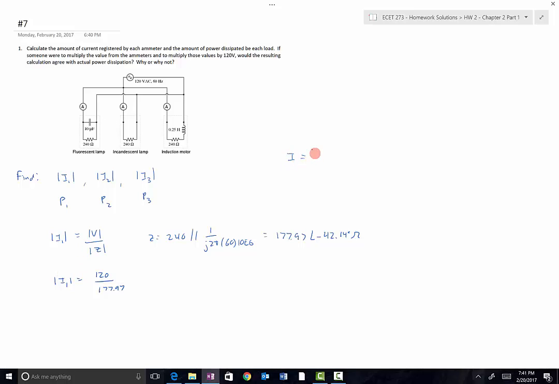Remember, I is equal to V over Z, which is just equal to the magnitude of V over the magnitude of Z at phi sub V minus phi sub Z, the difference between the phase angles. So the magnitude of the current is just the magnitude of the voltage divided by the magnitude of the impedance. So I'm using that fact here, and that gives me a current magnitude of 0.674 amps. It's equal to the magnitude of I1.